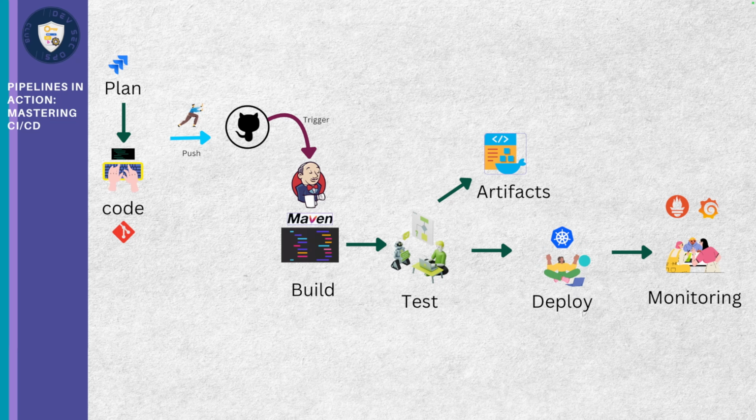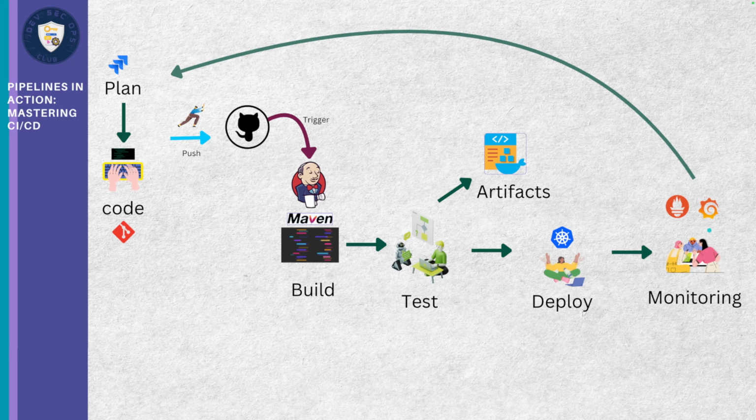I like it as one of the best ways to deploy your application, where you do not have any downtime at all, right? And then you monitor your application, and based on the monitoring, whatever issues or feedback we have, we report back to the planning team, and they again start doing the same thing. Clear? Very simple, right?